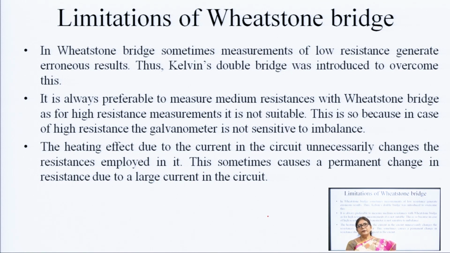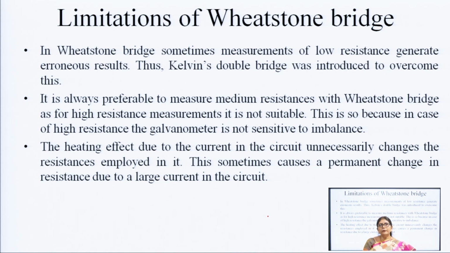So, what is the limitation of Wheatstone bridge? We can't measure a very low value of resistance, because when we want to measure a very low value of resistance, then the lead of that resistance also creates an error.